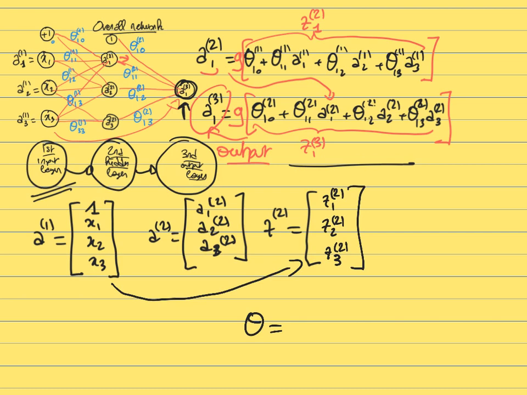So we're going to write this as a big matrix that looks like this, where the first element of this matrix is going to be the weight associated to layer number 1, between neuron 0 in the first layer and neuron 1 in the second layer.